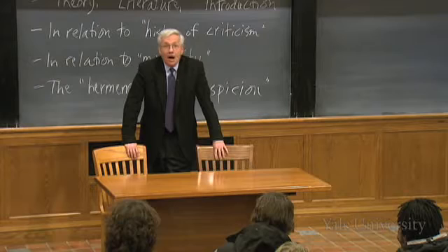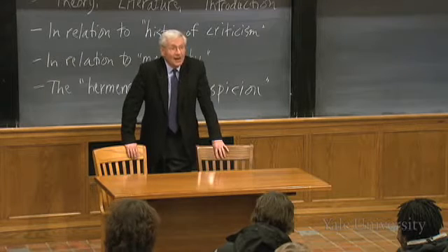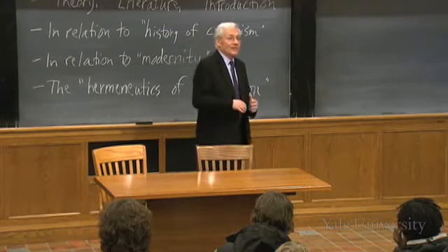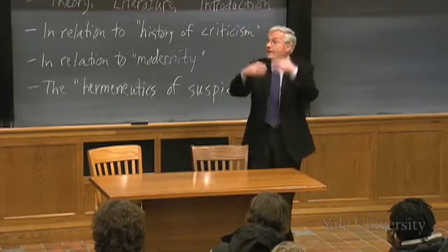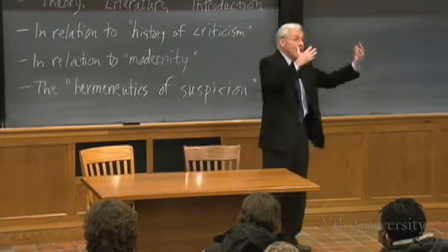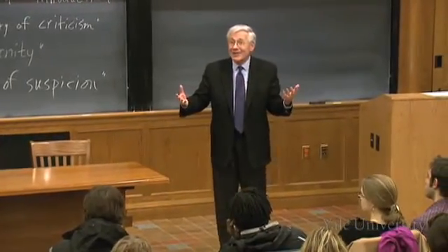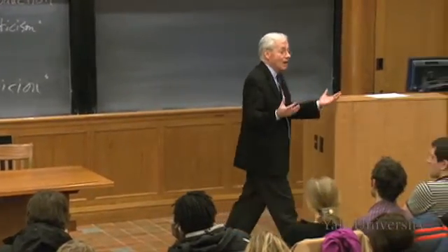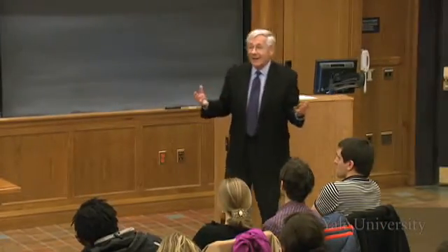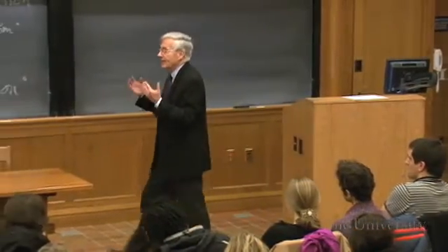We have unhappy consciousness. Unhappy consciousness, which is the result of estrangement, Entfremdung, which drives us too far away from the thing that we're looking at. We are no longer certain at all of what we're looking at, and consciousness therefore feels alienated.